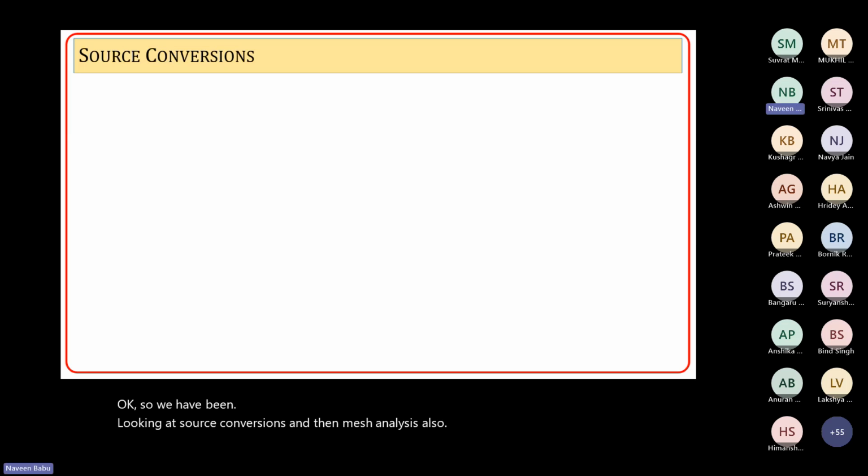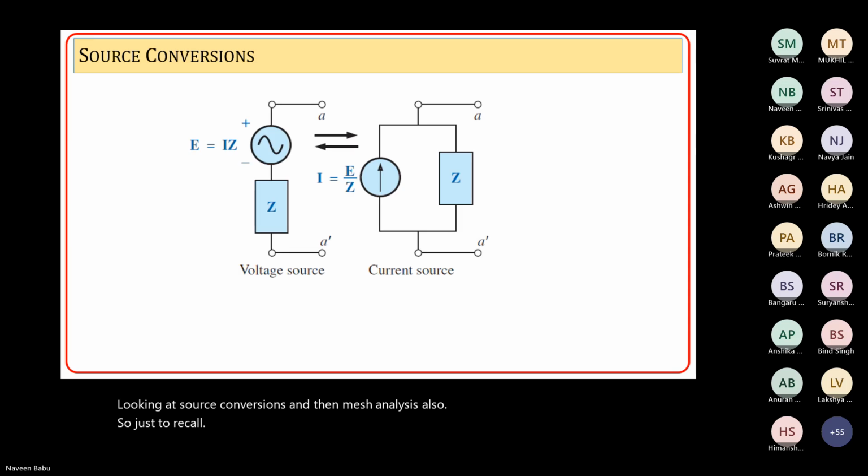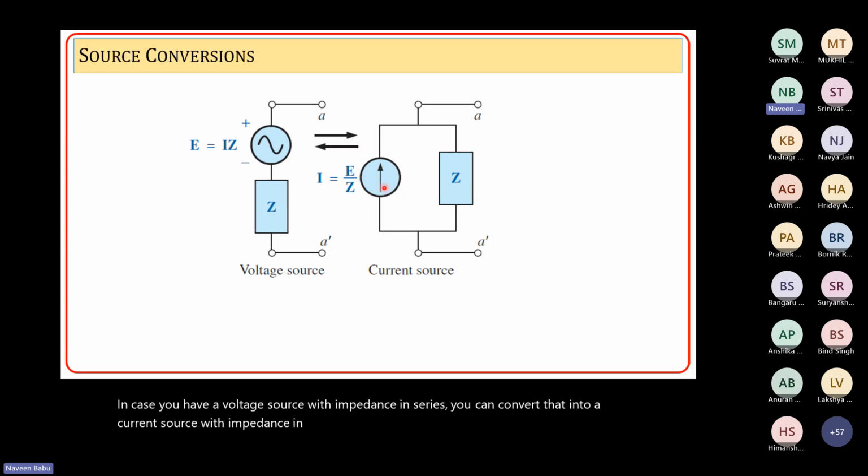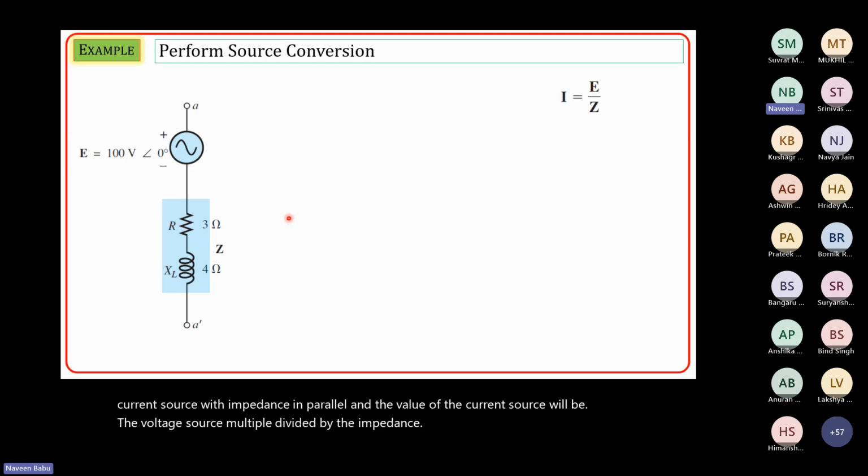Just to recall, if you have a voltage source with an impedance in series, you can convert that into a current source with an impedance in parallel, and the value of the current source will be the voltage source divided by the impedance. Then we did some examples also.